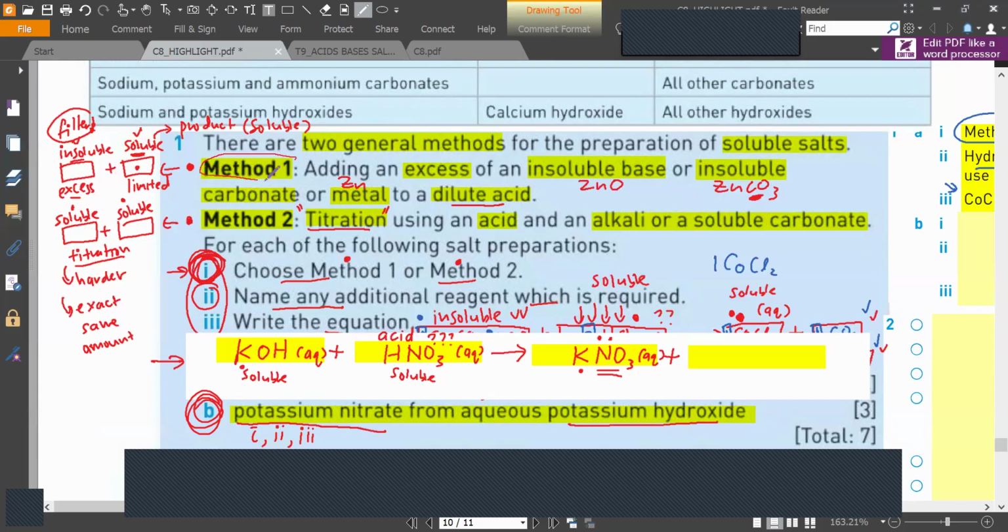Method one, we take the excess insoluble base, insoluble carbonate or metal mixed with dilute acid. Method two, we do titration of acid and alkali. So for potassium hydroxide plus nitric acid, is it method one or method two? Which one is suitable?